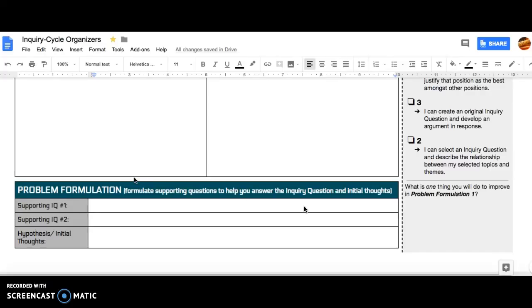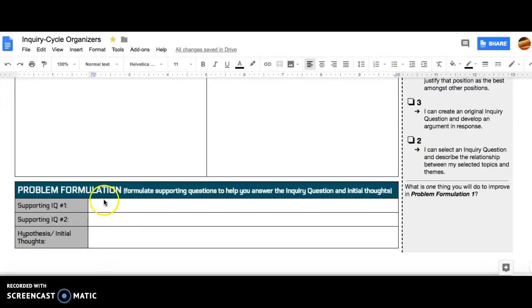The next step in the problem formulation organizers is for you to formulate supporting questions to help you answer the inquiry question and develop initial thoughts. So by supporting inquiry questions, what I mean by that is, what additional questions do you have that will help you dig deeper into the topic or issue that you are investigating? There's space for 2 inquiry questions here, but obviously you could have 1 to start off with and then add another.